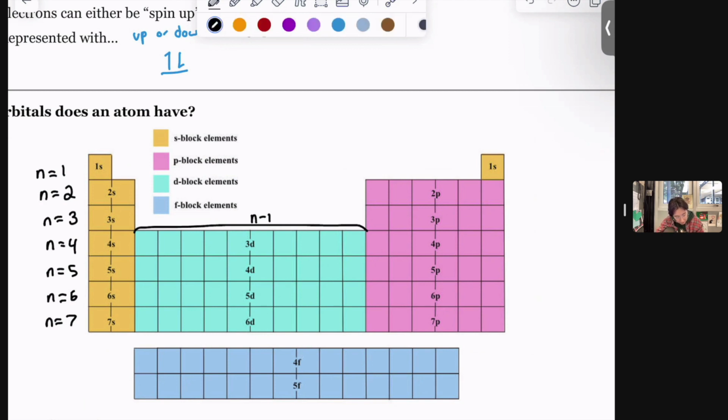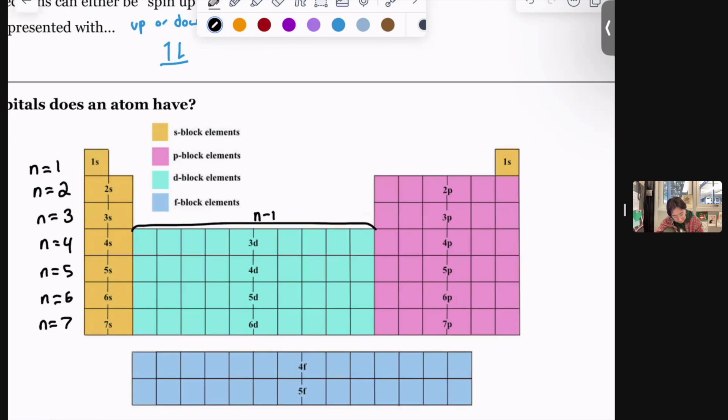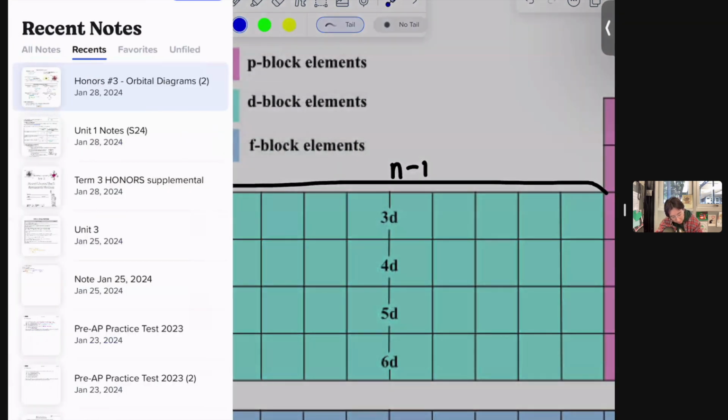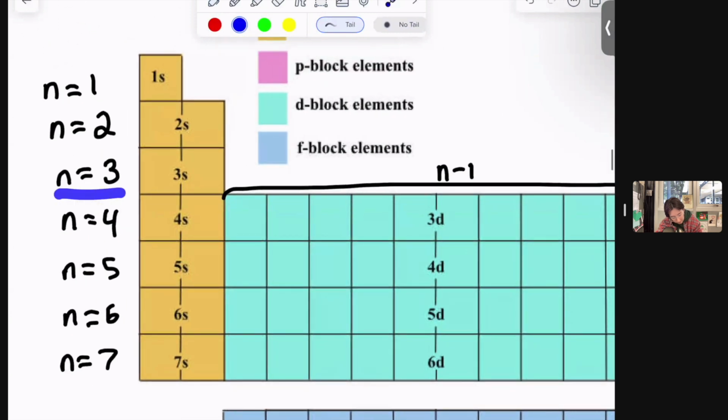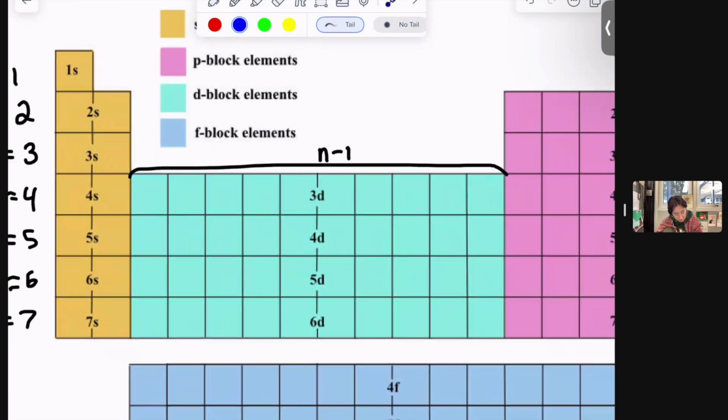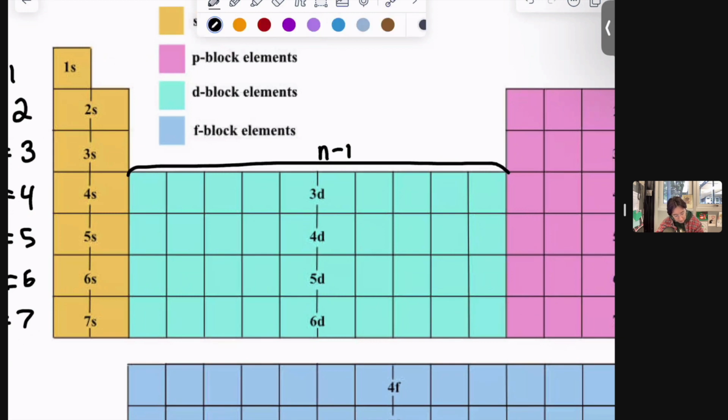It really is just showing that as we go up in n, we're adding one new type of orbital. And just because of how the electrons work, we're going to have this kind of staggered pattern. So just add this label to your periodic table.